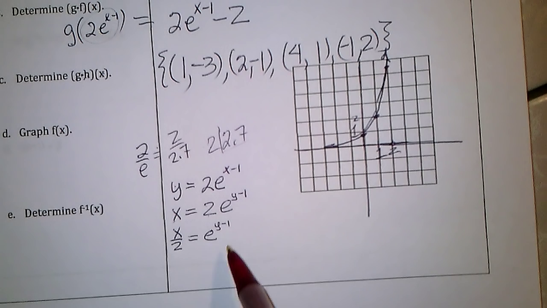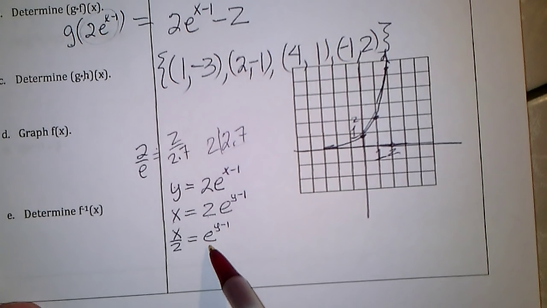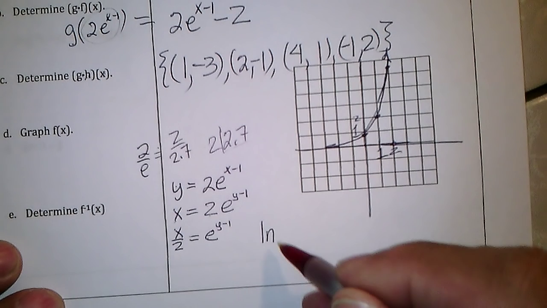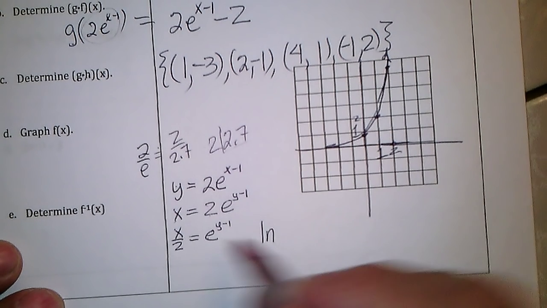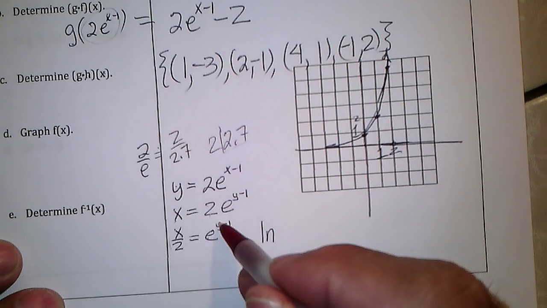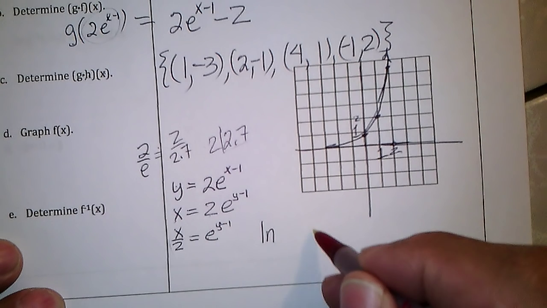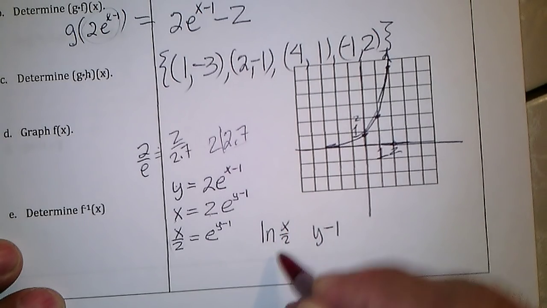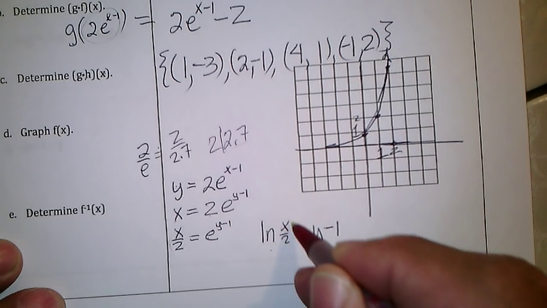Now I got to solve for the power, so I'm going to write this as a log, and the base is e, so it's going to be ln. To what power do I take e to get this? I take it to the y minus 1 to get x over 2. E to this power equals that.